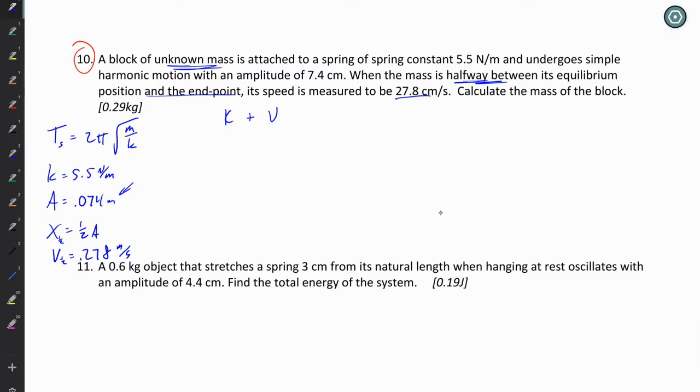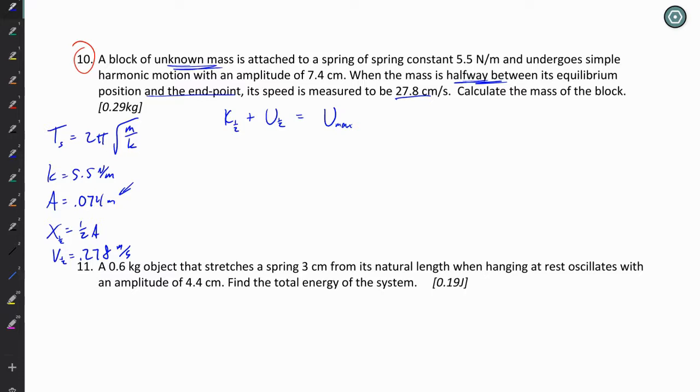So I'm going to call this kinetic energy at the half location plus its potential energy at the half location is going to be equal to total energy, which would be its full energy, spring energy at its maximum amplitude. So at the very least, we can start creating an expression.